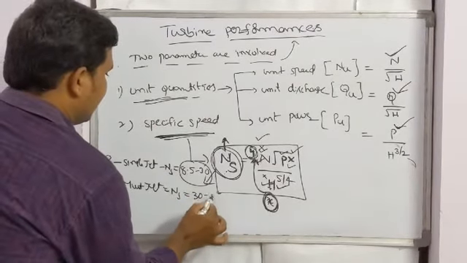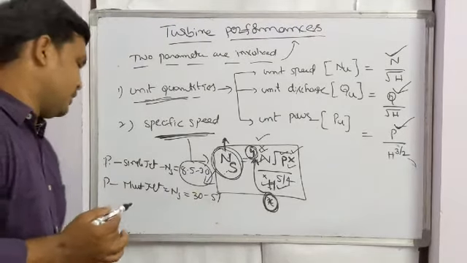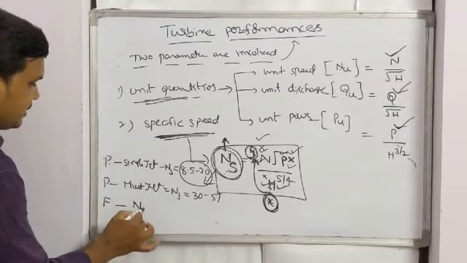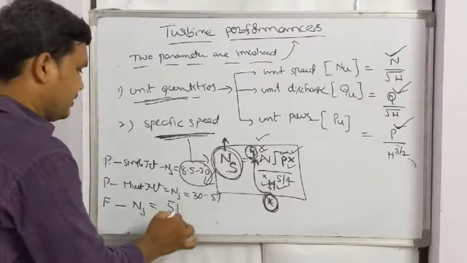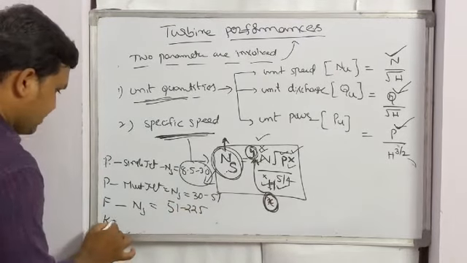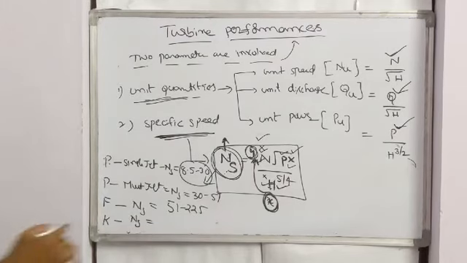This is an almost fixed range of specific speed. Again, for the Francis turbine, the specific speed is around 51 to 225. Then for the Kaplan turbine, the specific speed Ns is around 225 to 860.